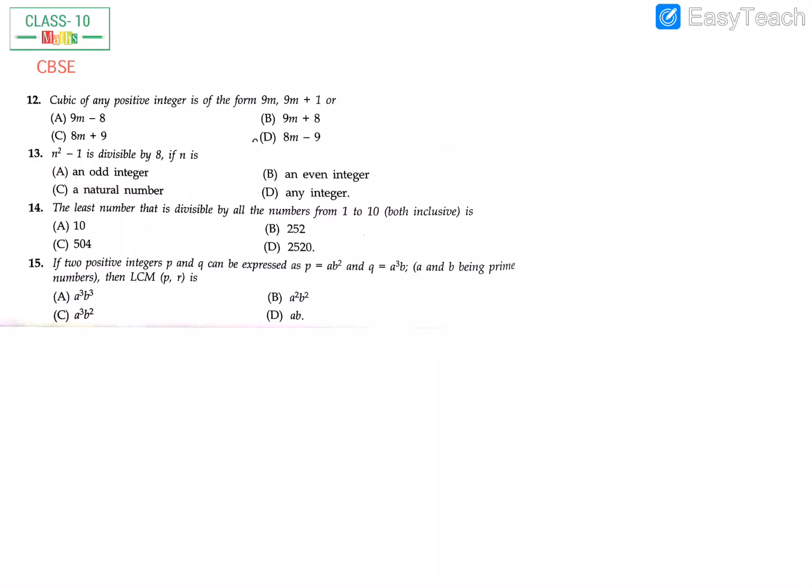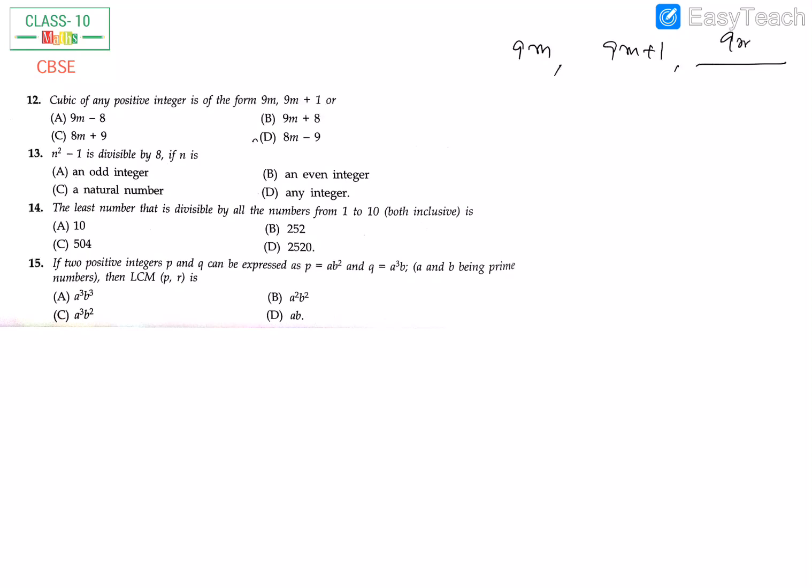Question number 12. Cube of any positive integer is of the form 9m or 9m plus 1 or 9m minus 8, 9m plus 8, 8m plus 9, 8m minus 9. Here, cube of any positive integer is of the form 9m or 9m plus 1 or which one other form.